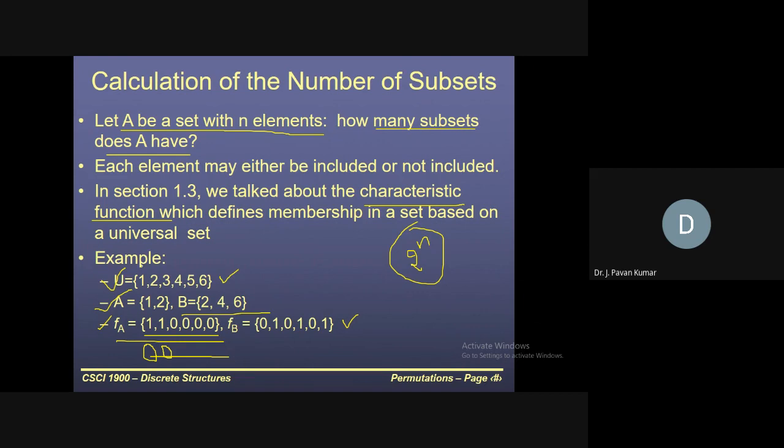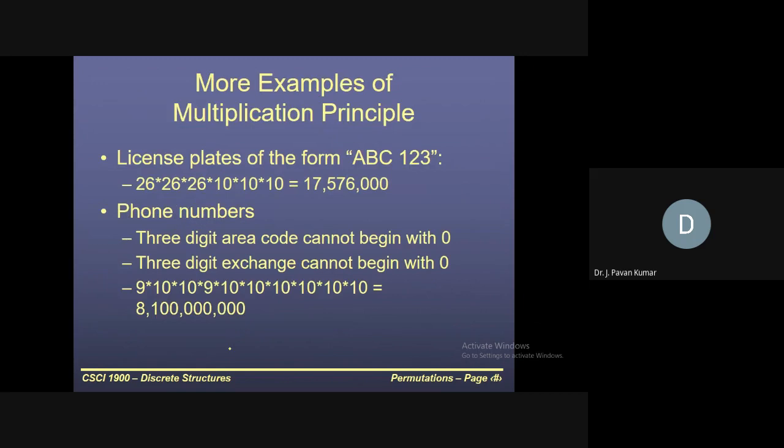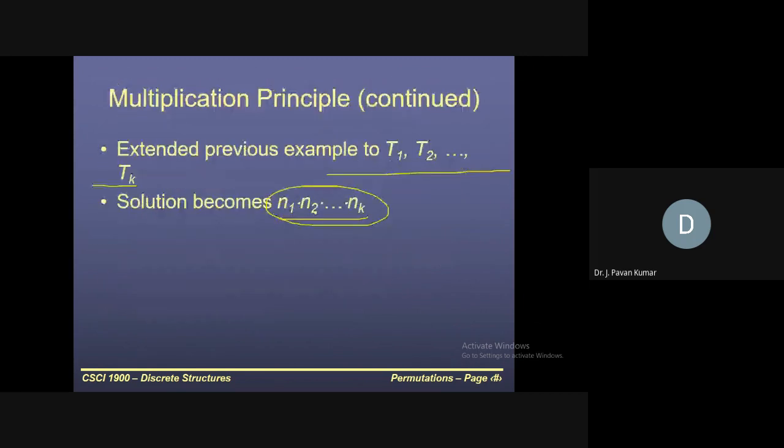How many subsets will we be getting? 2 power 6. That's what we can conclude. It is similar to this application, like n1 into n2 into so on nk. For the first one we have 2 possibilities, for the second one 2, for the third one 2, like that 2 power 6. Is it clear?